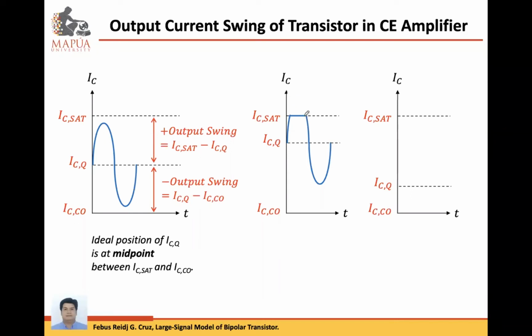So that is our danger there. So there can be distortion on the positive half cycles. While when the ICQ is closer to the cutoff, there is a tendency of distortion on the negative half cycles. Is that understood? Please confirm. Yes po, sir.